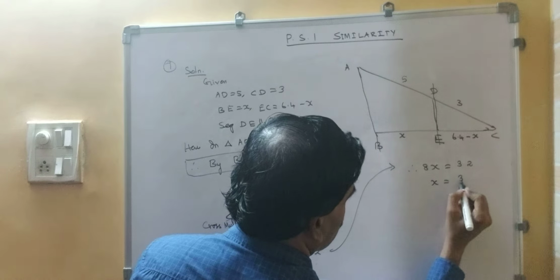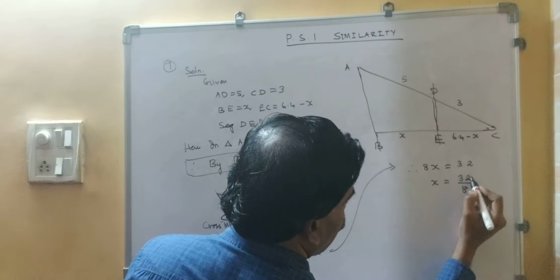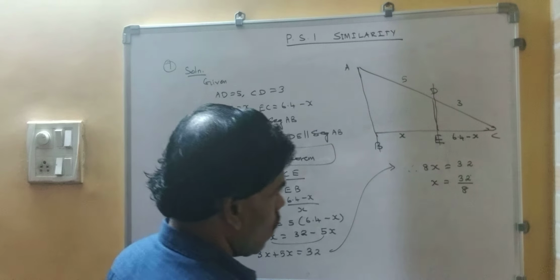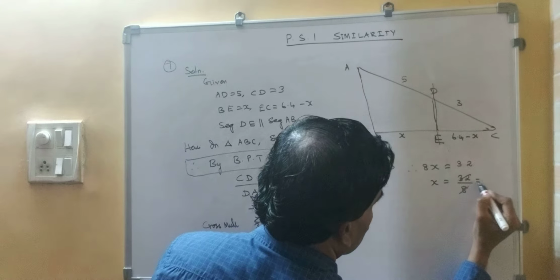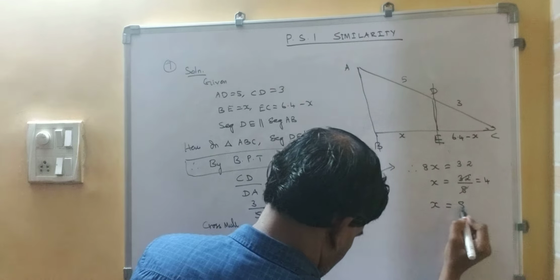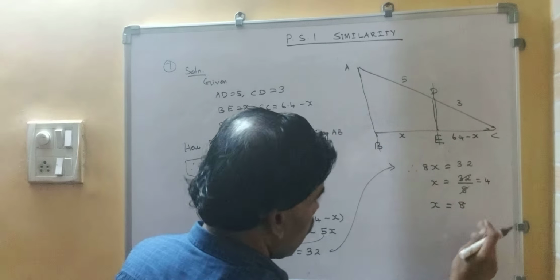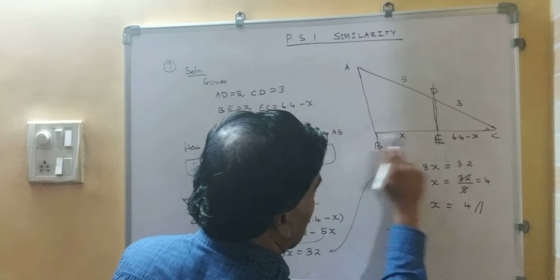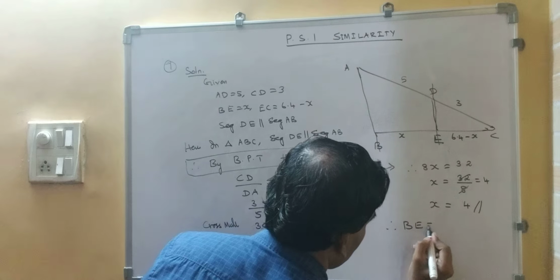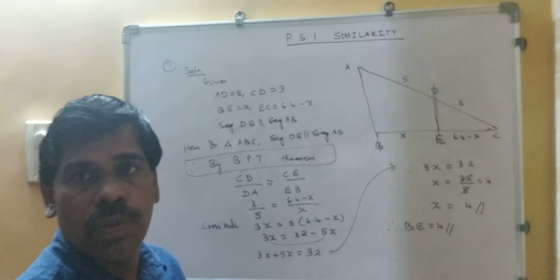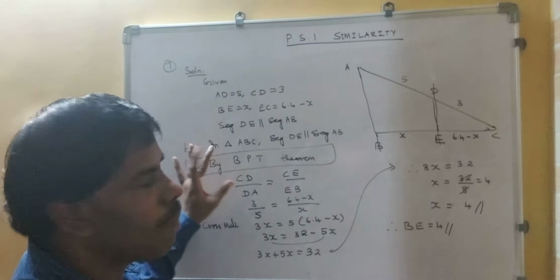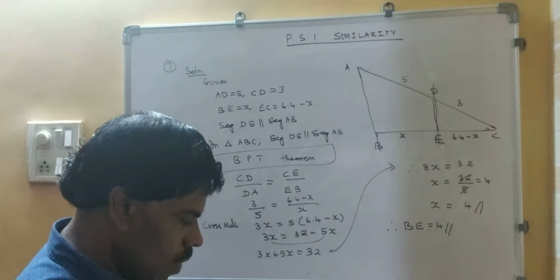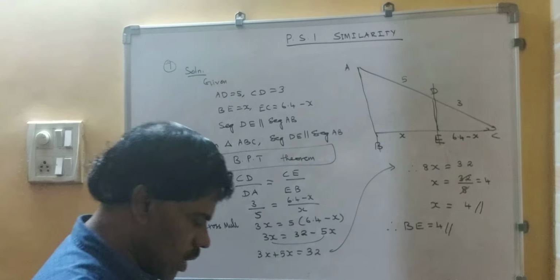Therefore, x equal to 32 upon 8. 4 table will see. So, x equal to 4. Therefore, what is x? BE. Any doubt? So, here directly we have applied basic proportionality theorem, then we got the answer. Okay. Now, we will do the other sum, sixth sum.